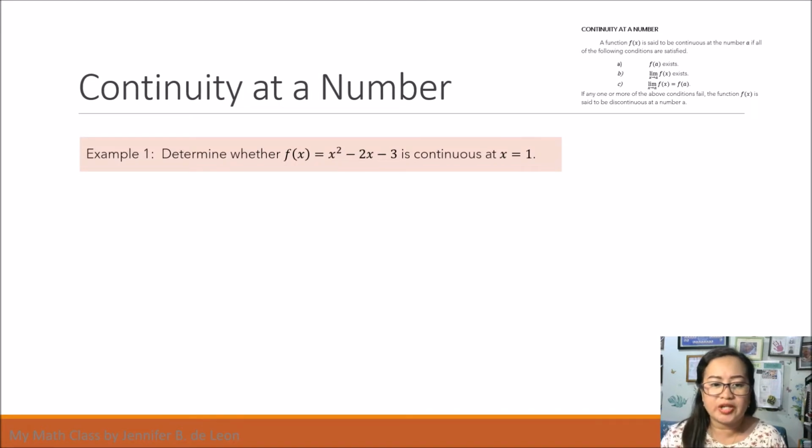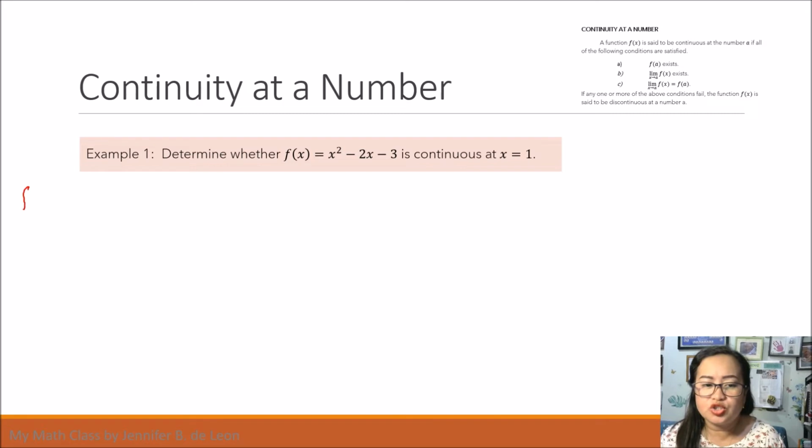Let's work on example number 1. Determine whether f of x equals x squared minus 2x minus 3 is continuous at x equals 1. We now show that the function satisfies all three conditions.